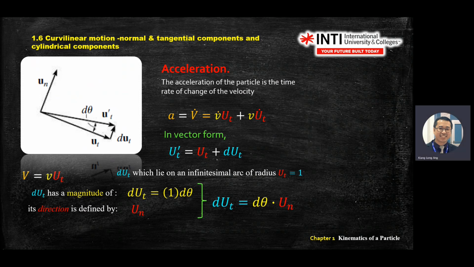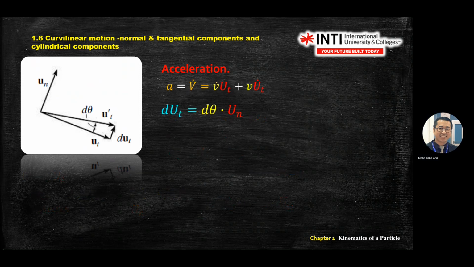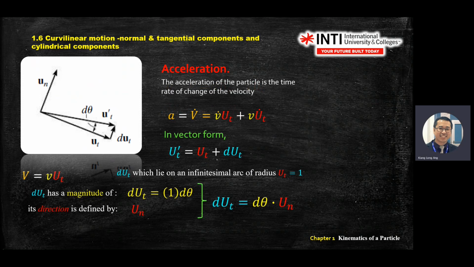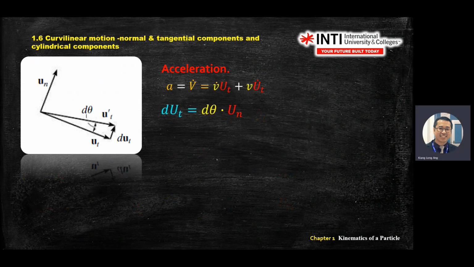So du you can write in vector form: du equals magnitude and direction. Magnitude is this one, direction is this one. Then you substitute this one inside here. I write this one right here.